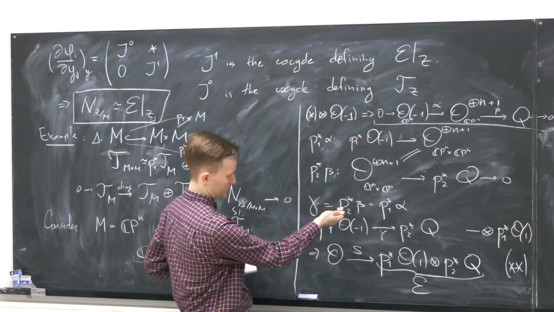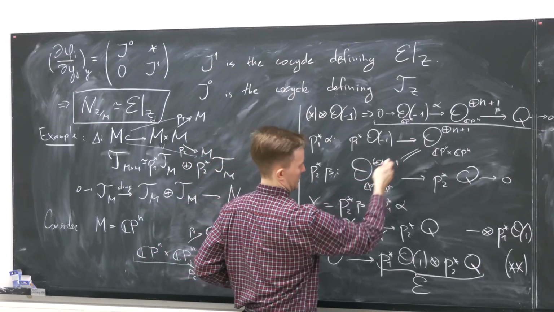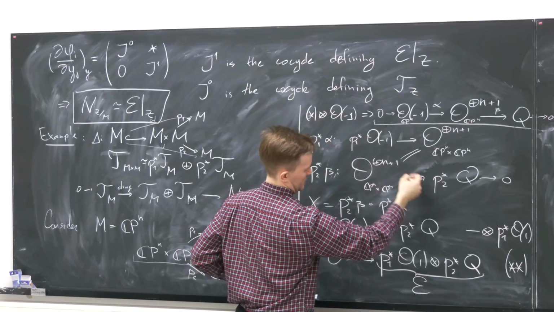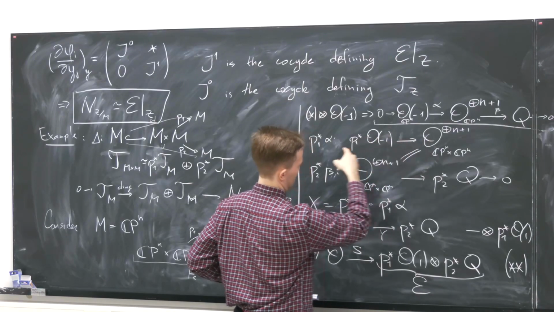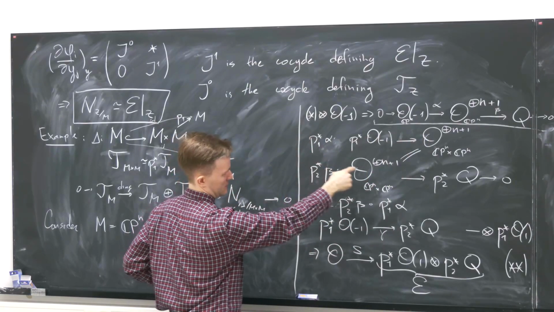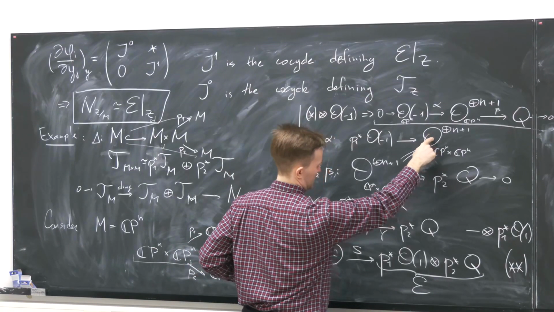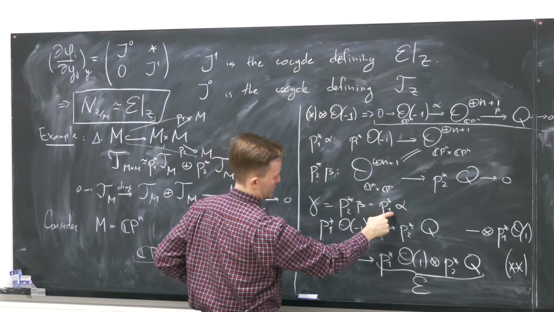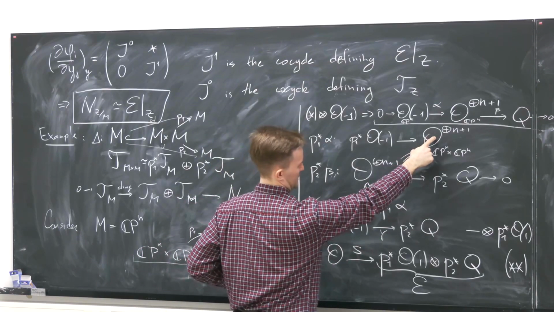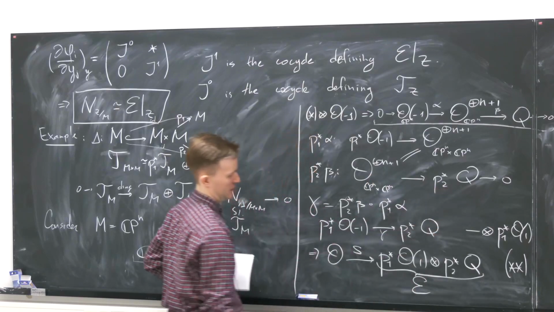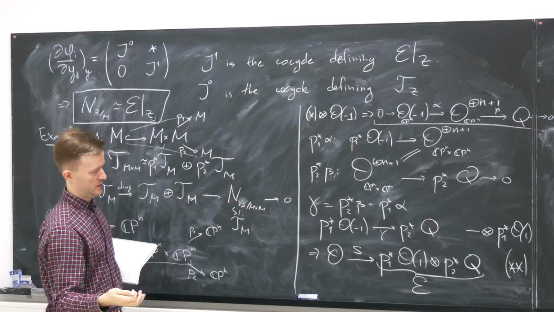So I have identified these two bundles, and now I go just like this. I take the composition of these two maps. P1 upper star alpha goes to this vector bundle, and then I go from here to P2 upper star Q.